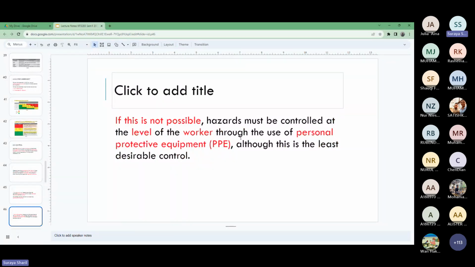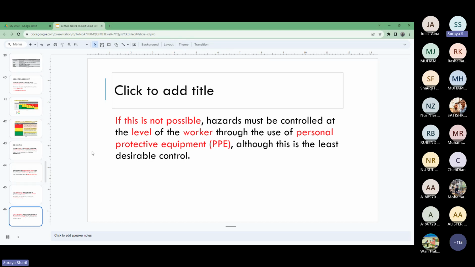If that is not possible, the hazard must be controlled at the level of the worker using PPE, or personal protective equipment, although this is the least desirable control.